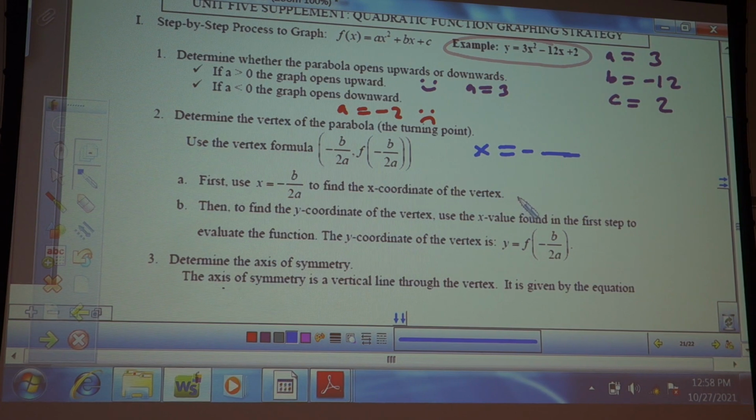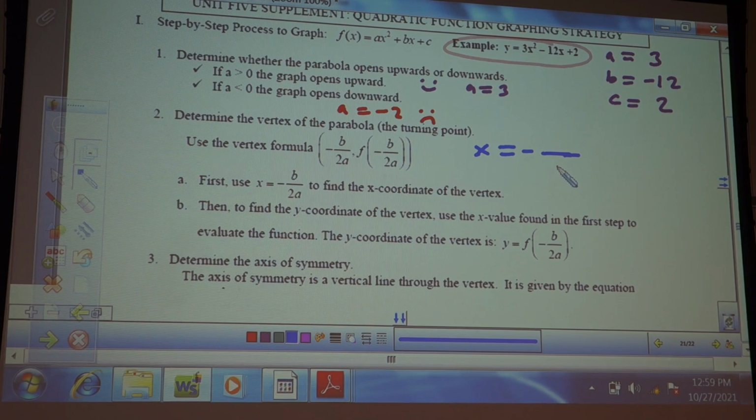Everybody write this in, fill in what the B is. So plug in the B, where's the B? And what's my A? Write them in. All right, so we'll come around and check and make sure people have filled those in.